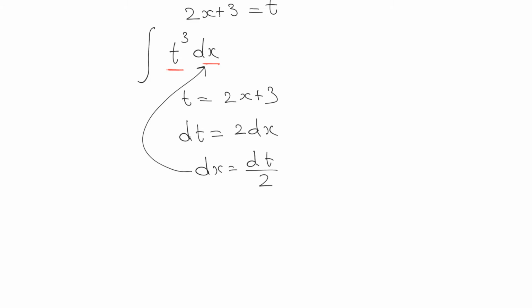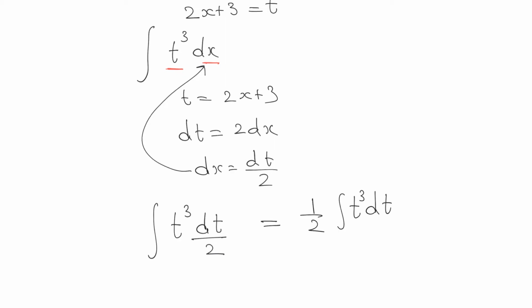So our integration will change. It becomes integration of t^3, and instead of dx we write dt divided by 2. Now it is in the direct form of integration, that is we can write 1/2 times integration of t^3 dt.